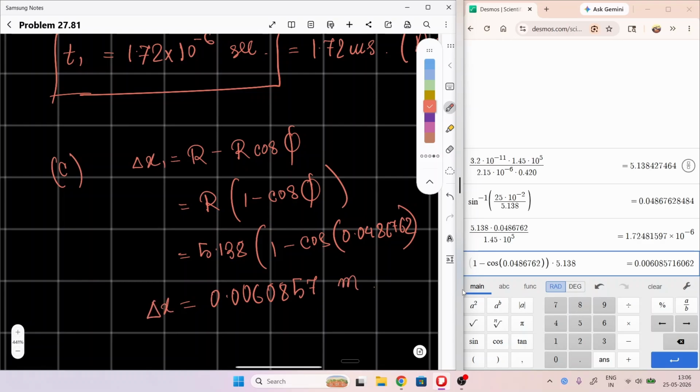This is the delta x1, which is equal to 0.60857 centimeters.